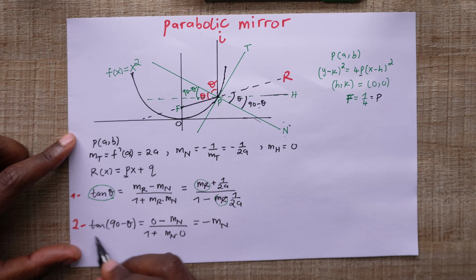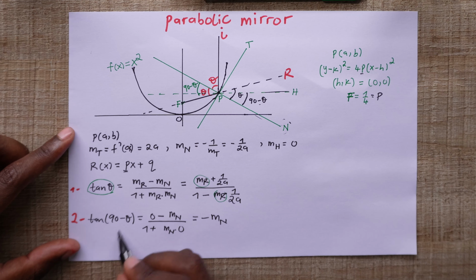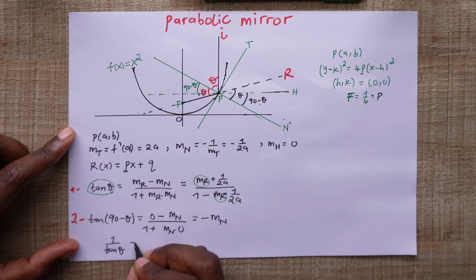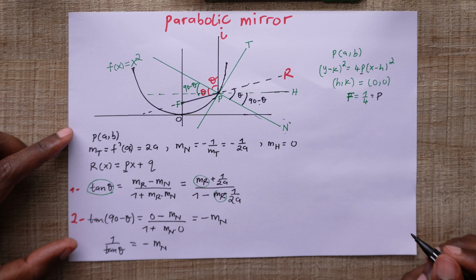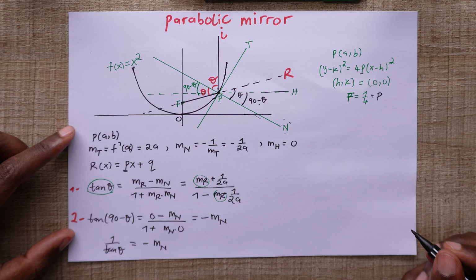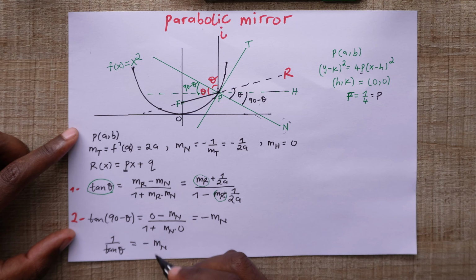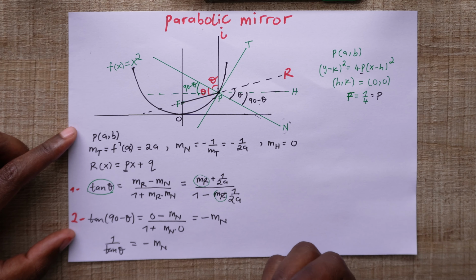You recall probably from your trigonometry class that the tangent of 90 minus theta is just 1 all over the tangent of theta. So this would be equal to negative mn. Okay, but mn, we know its value. It's negative 1 over 2a.